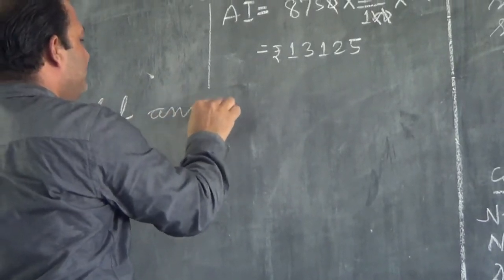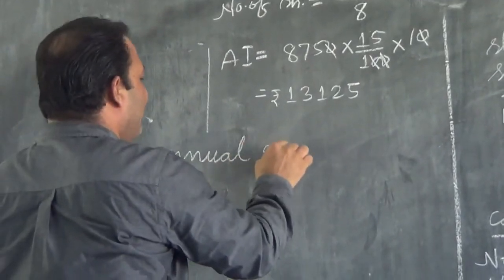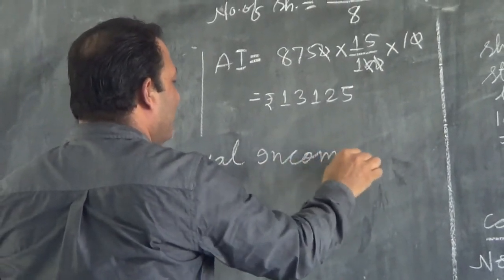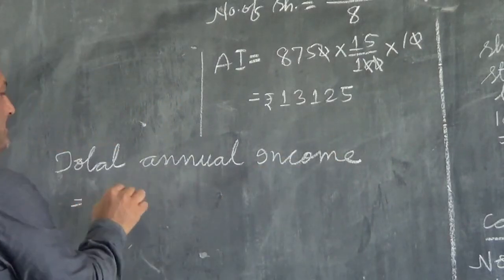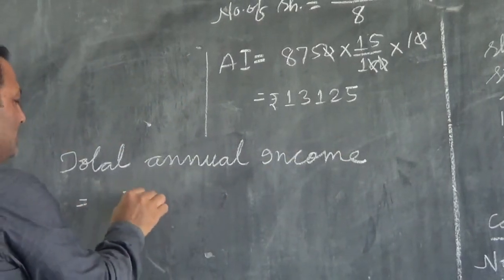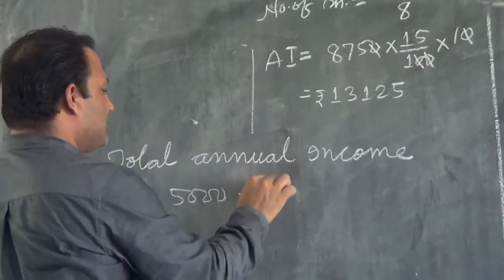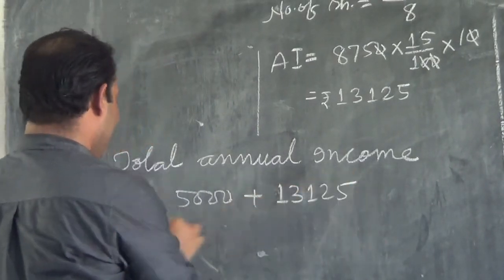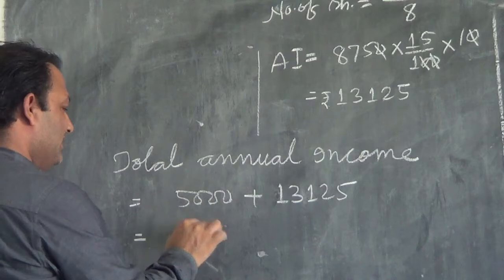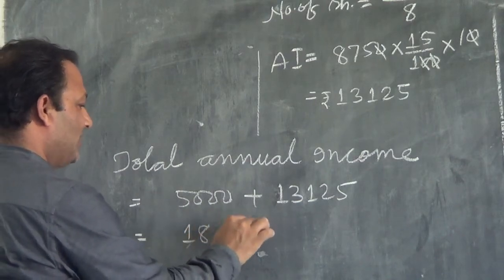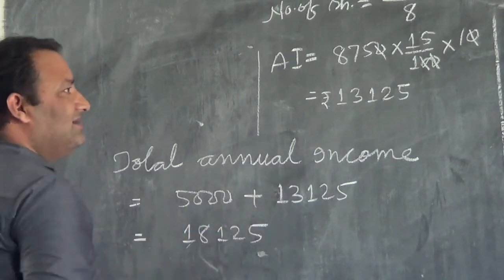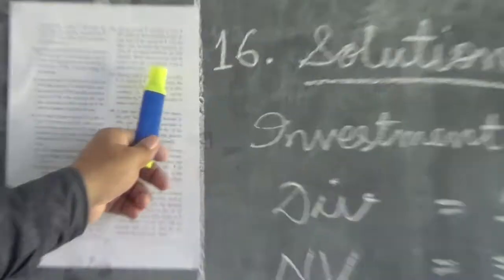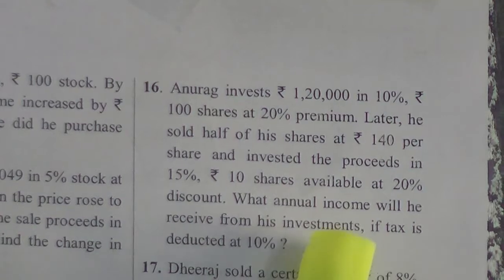Annual income from both equals 5,000 rupees plus 13,125, that equals 18,125.